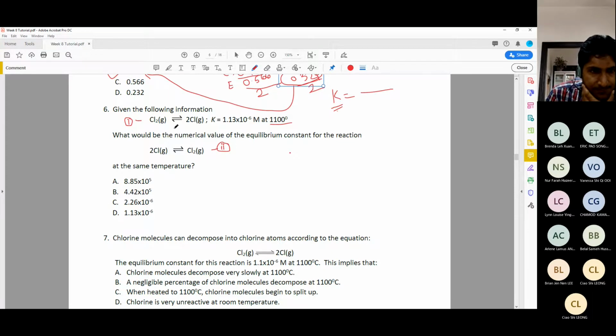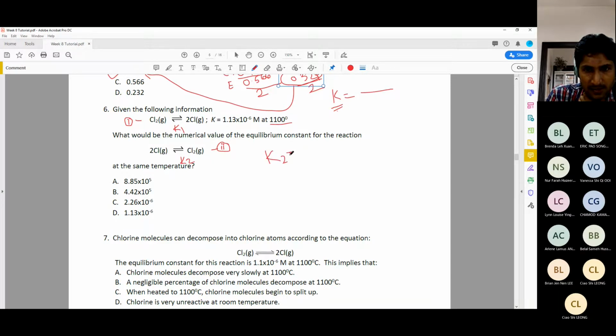So we know that let's say this is K1, and this is K2. The equilibrium constant for reaction number 2 is K2. Reaction 2 is the inverse of reaction 1, right?